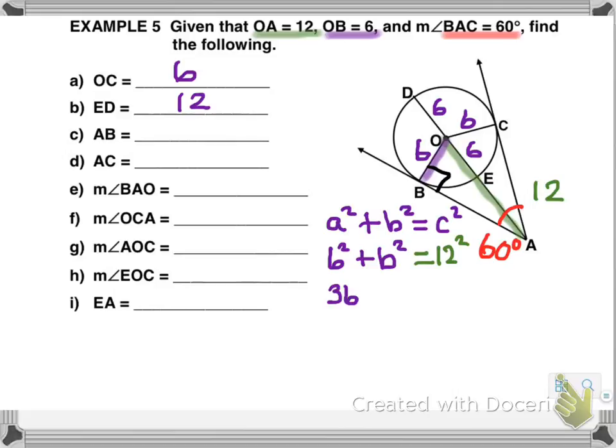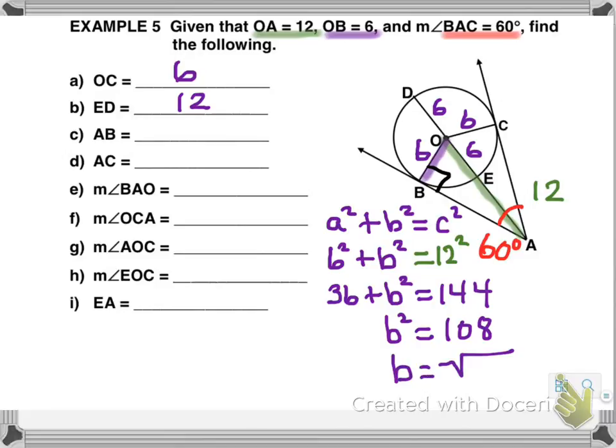So 6 squared is 36, and 12 squared is 144. We will subtract 36 from both sides, so b squared is 108. We'll take the square root of 108, and that is equal to 10.39. So AB is approximately 10.39.